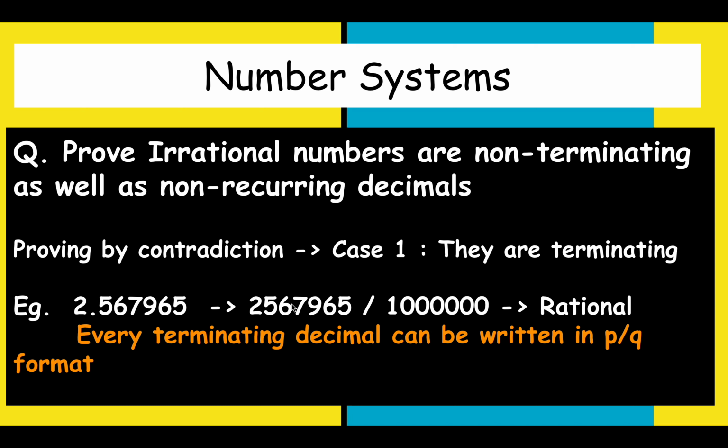We can do this for any terminating decimal, because if n decimal places are there after the decimal point, we can shift those n places, making it an integer, and divide it by 10 raised to n, which is p by q format, a rational number. So terminating decimals are always rational numbers. So our irrational number cannot be a terminating decimal. So case 1 is disproved.